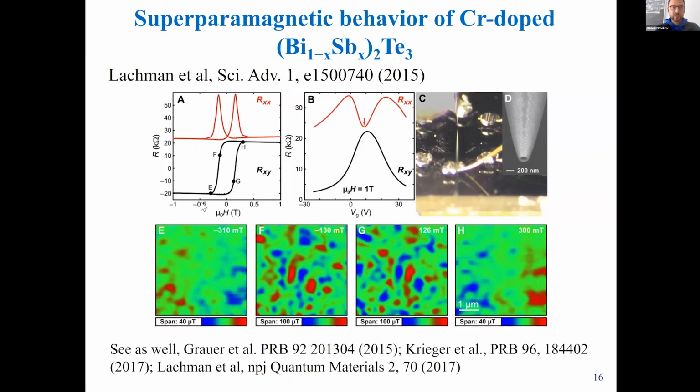For example, if you focus on these points E or H, where the saturated values of the Hall resistivity are achieved, you can see that the magnetization is not uniform. This is measured by this nice SQUID on a tip device, which allows you to resolve the regions within a 20 nanometers range.